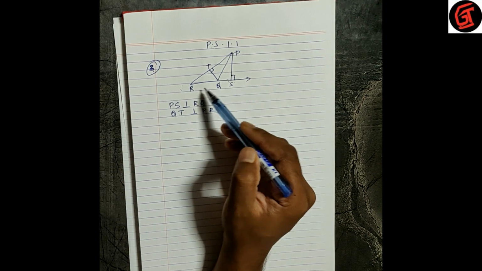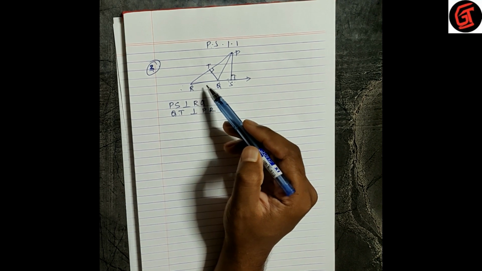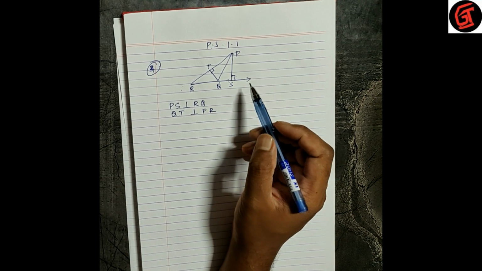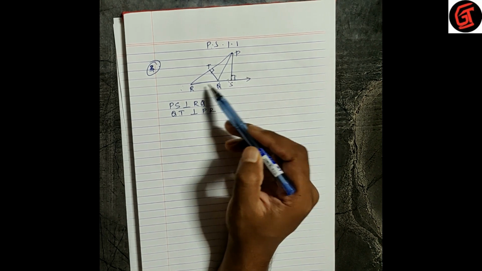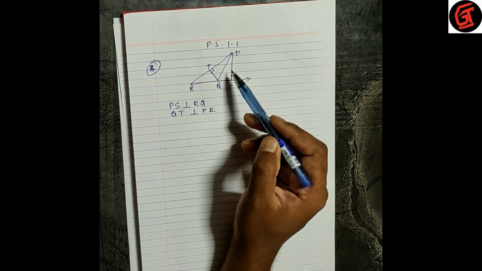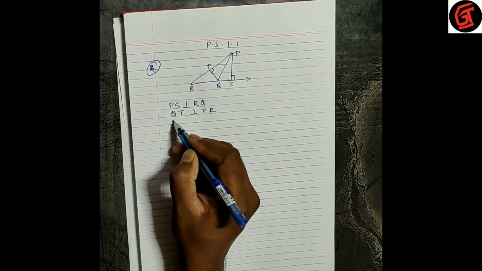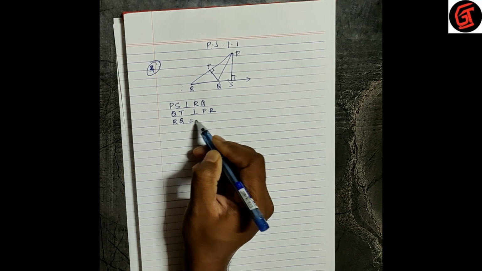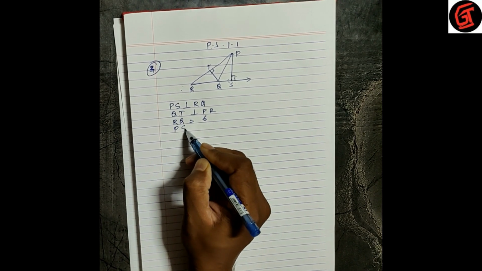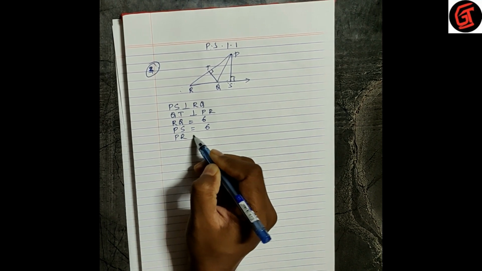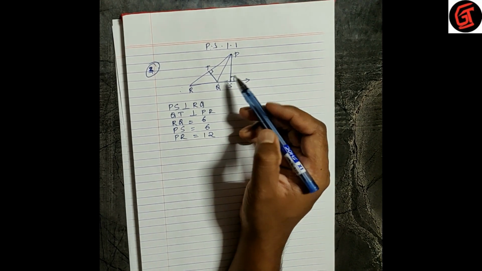PS is perpendicular to RQ and QT is perpendicular to PR. This is the matter given to us. PS perpendicular to RQ, this ray, and QT is perpendicular to PR. Some more matter is given. RQ is equal to 6 and PS is equal to 6, and one more thing, PR is equal to 12.